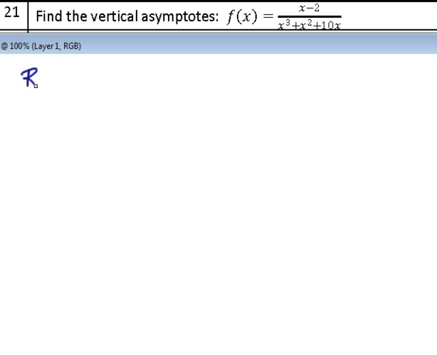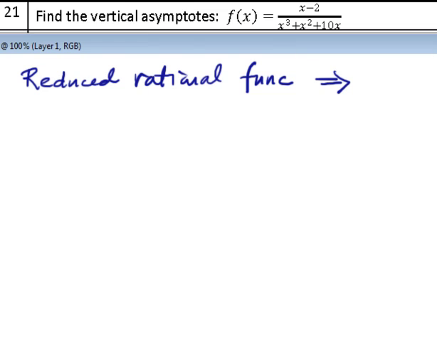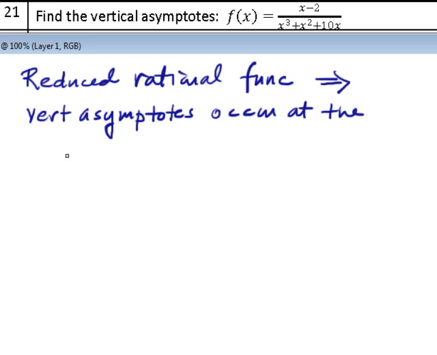So if we have a reduced rational function, in other words, we can't cross off a zero from the numerator and denominator, then vertical asymptotes occur at the zeros of the denominator.